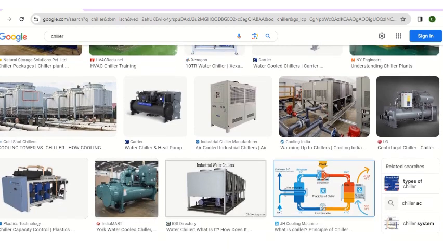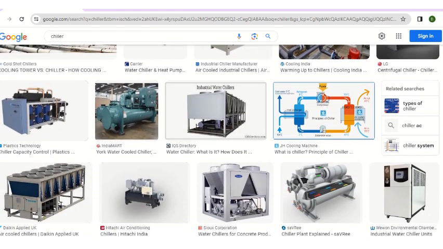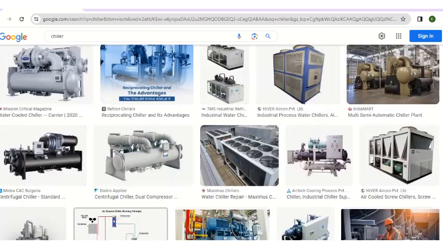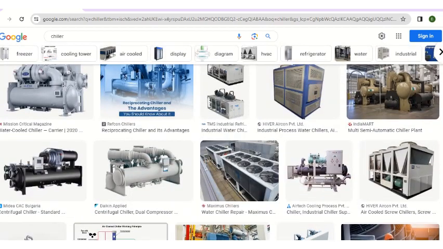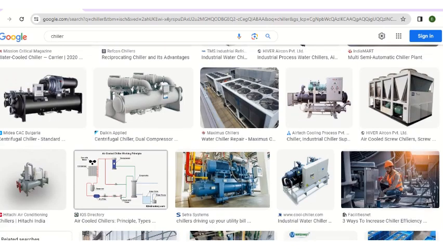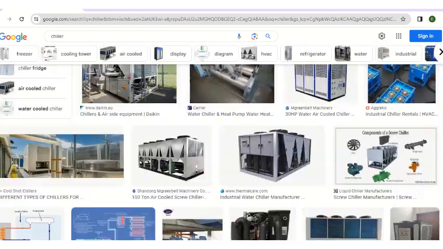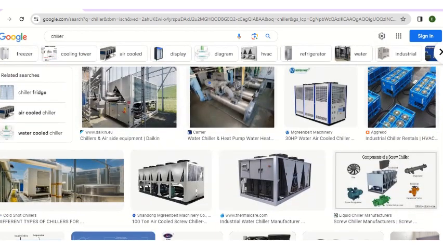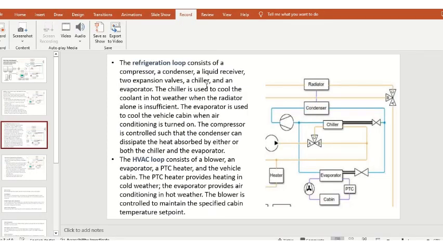And a chiller. So this is the cooling tower or chiller unit. It's nothing but a cooling tower. And an evaporator.